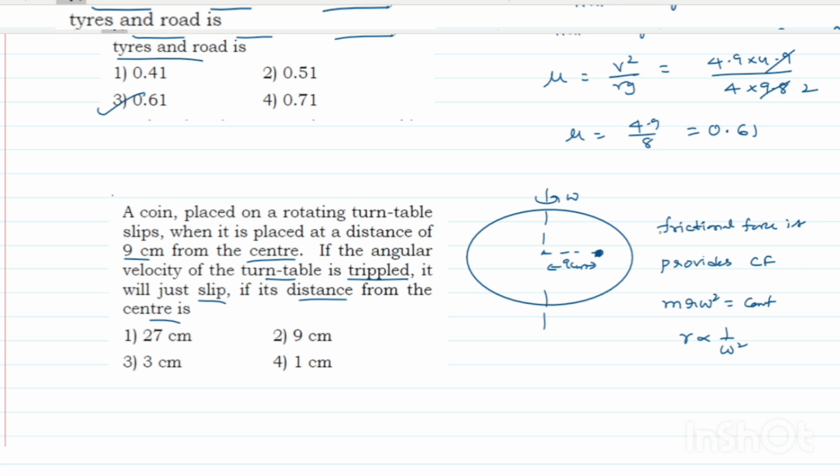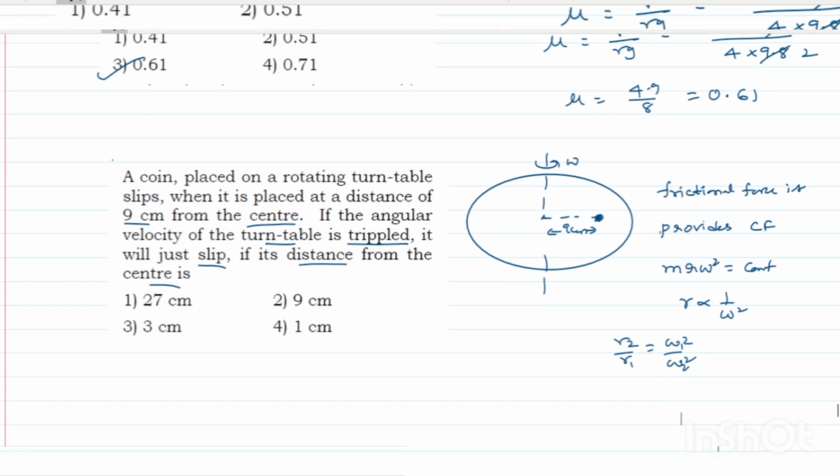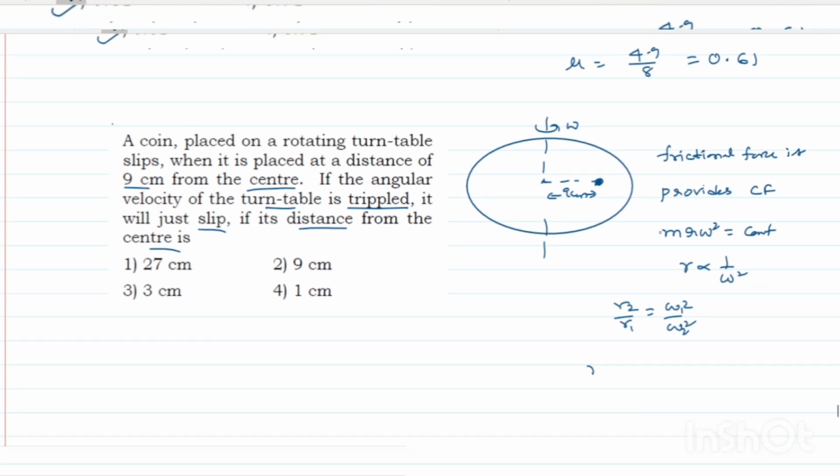It is nothing but R2 by R1 equals omega 1 square by omega 2 square. So R2 will be equal to R1 into omega 1 by omega 2 whole square, which will be equal to R1 given as 9, and omega you are taking as triple.